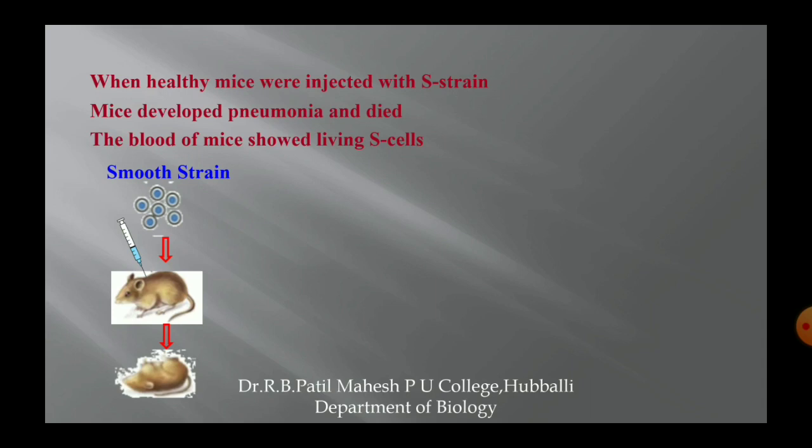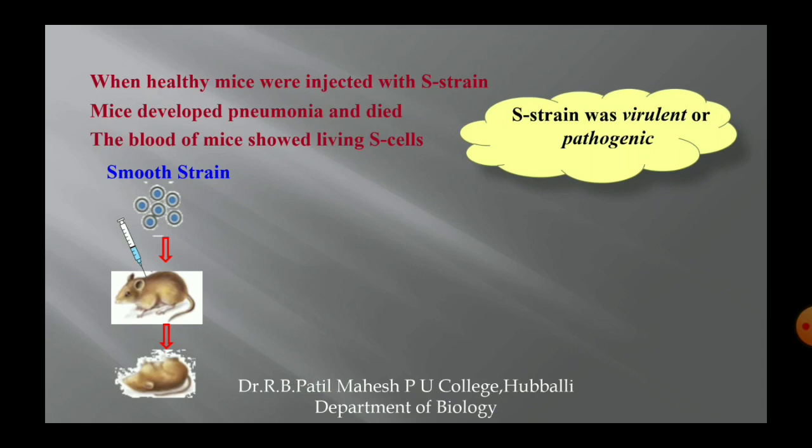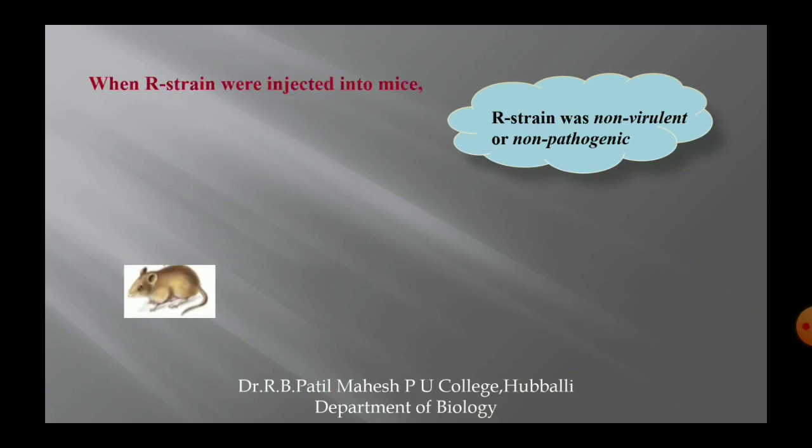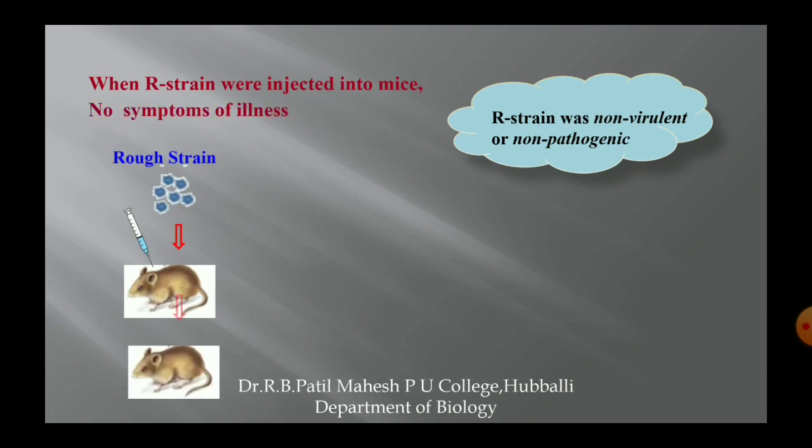He was able to find live S cells, and so it was proved that the S strain was virulent and pathogenic. In the second experiment, he injected live R cells into the mice, and the mice survived, with no symptom of illness, because the R strain was non-virulent or non-pathogenic, and the blood of mice did not show any living R cells.